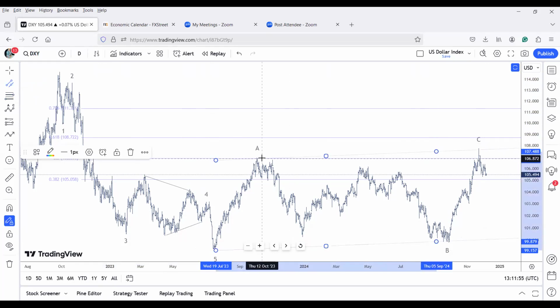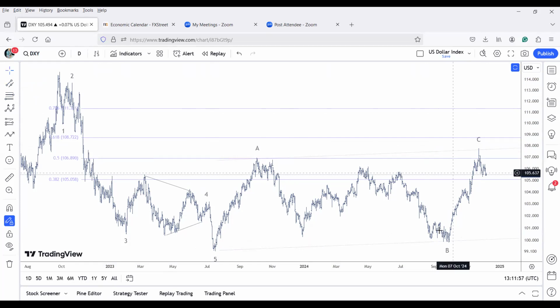If we are good in this count, if we are good with what we have done, then a corrective ABC is probably complete and dollar could resume largely its weakness from either current levels or possibly around the 61.8 mark, maybe one more leg higher to complete that 5 wave rally and to complete the structure as well.